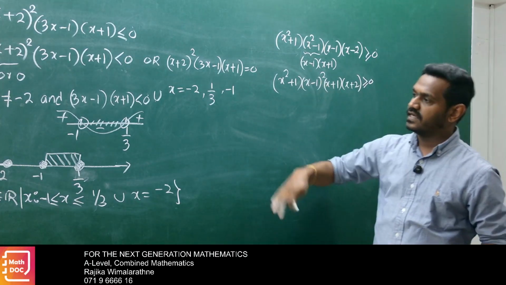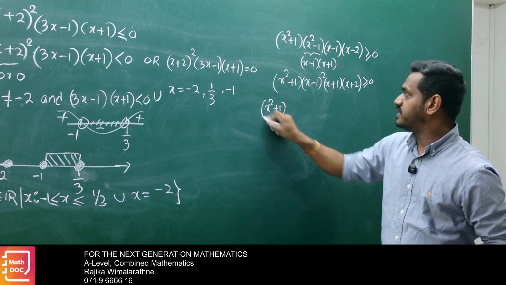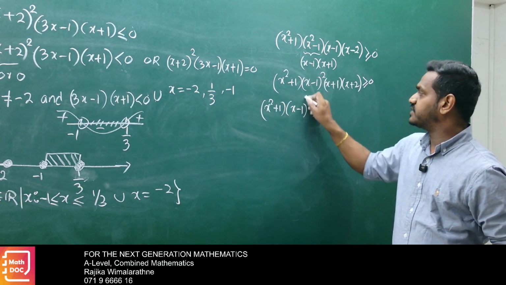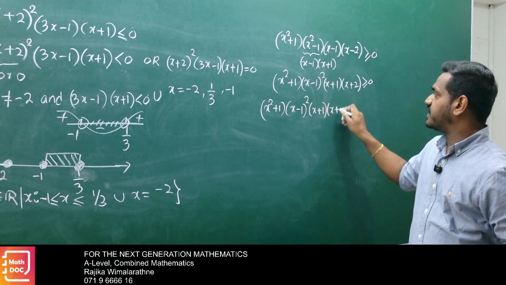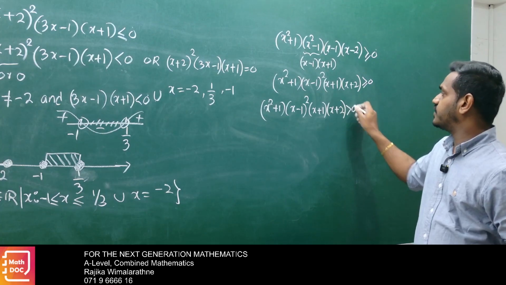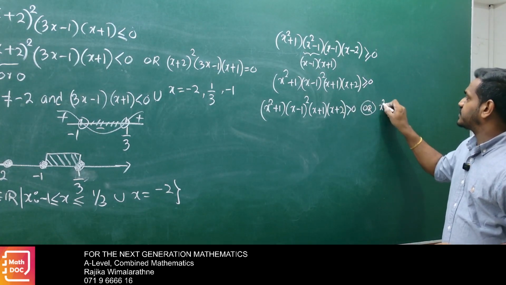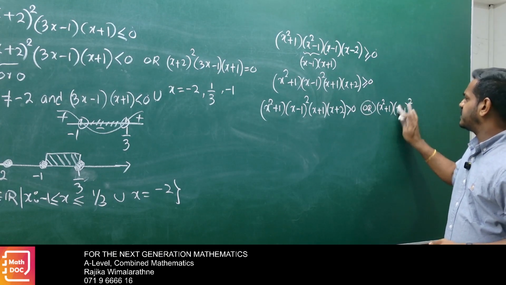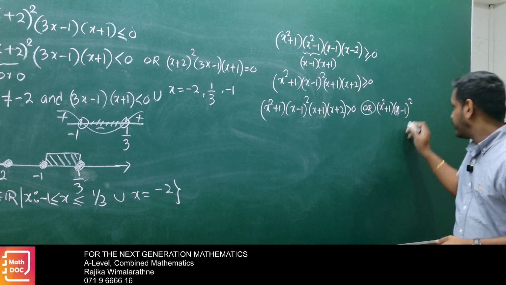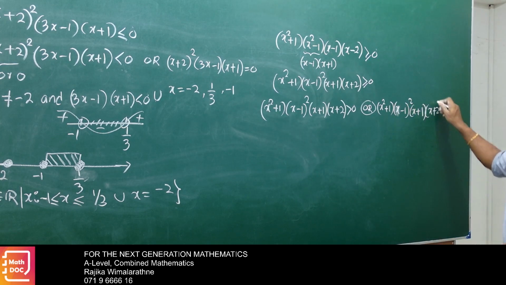Then you separate equality and inequality. (x square plus 1), (x minus 1) squared, (x plus 1), (x plus 2) greater than 0, or your operation (x square plus 1), (x minus 1) squared, then (x plus 1), (x plus 2) equals 0.